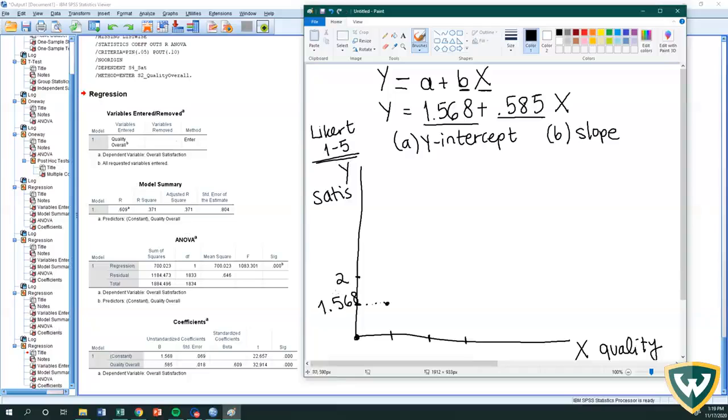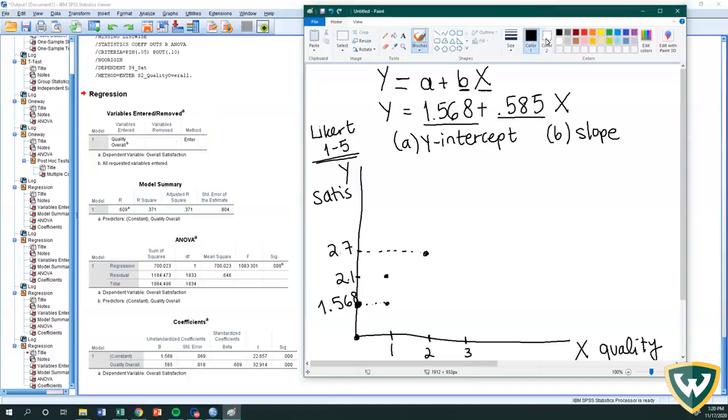So it's going to be something around 2, right? 1.568 plus 0.585, so it's going to be actually around 2.1. And then it will keep going like that. So it's going to be around 2.1 plus 0.585, 2.7-ish, for when X equals 2, so on and so forth. This is my y-intercept.